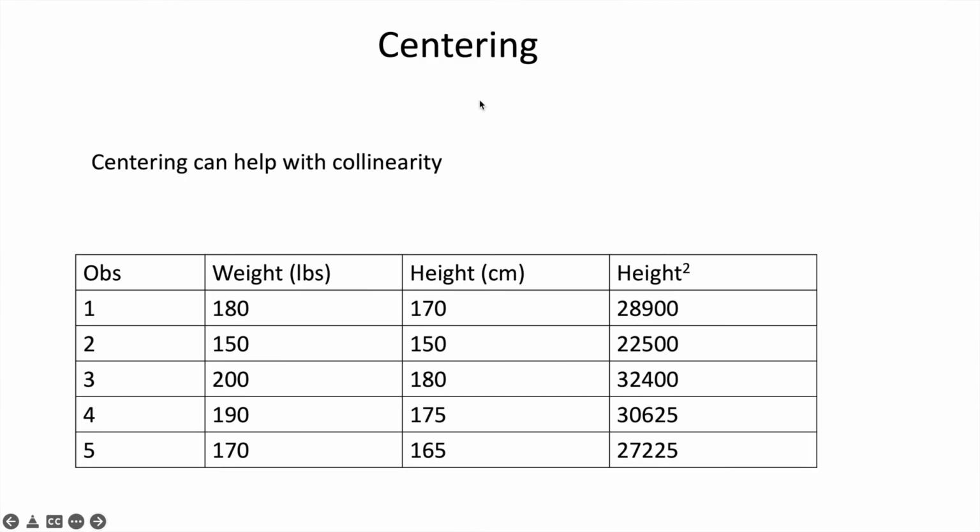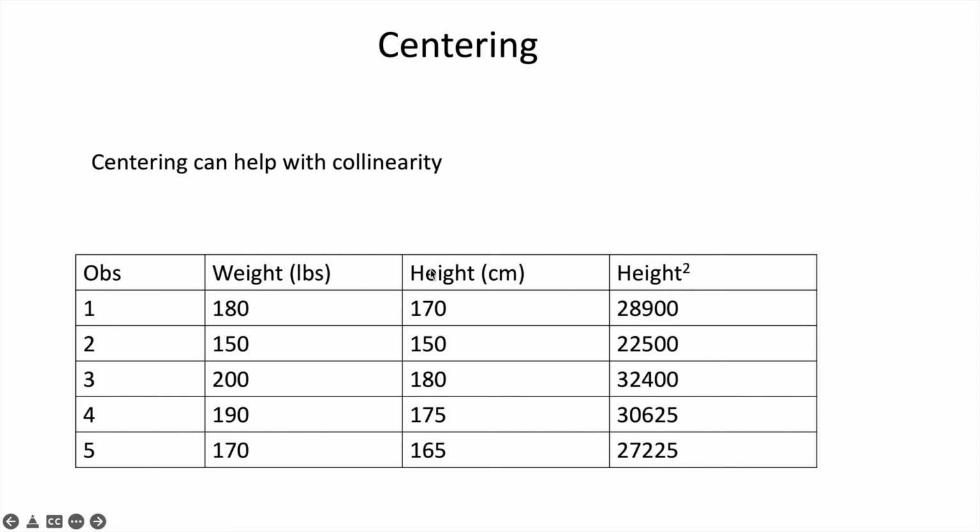Another useful reason to center is to take care of collinearity. Collinearity is an issue that deserves a video of its own, but basically our model here would be weight as the outcome and height squared. The reason we might include height squared in addition to height is if height had a non-linear relationship, so if it looked quadratic, including a quadratic term might account for that.